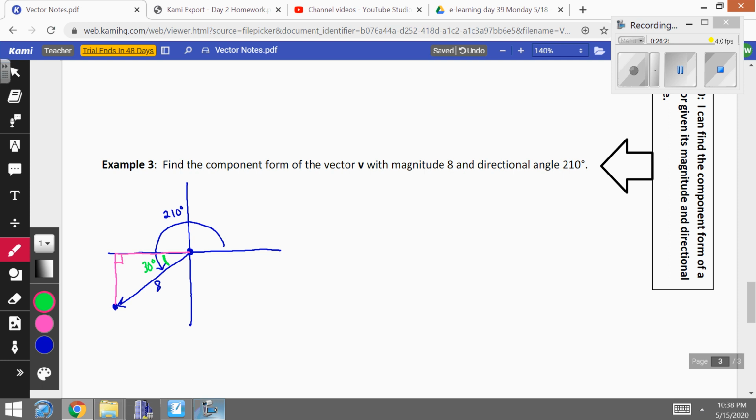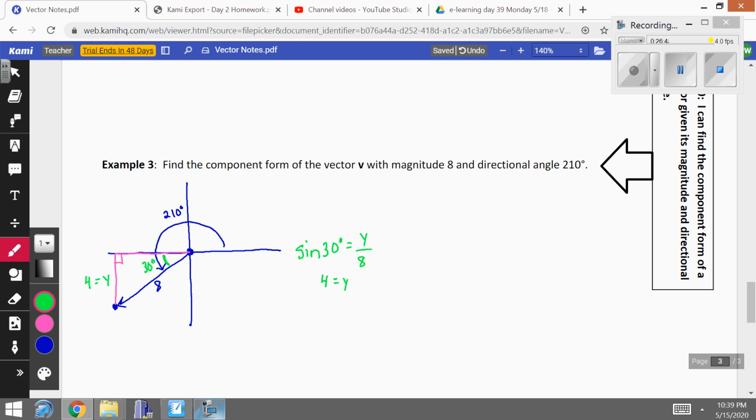If I did trig, let's say we wanted to find the y. The sine of 30 degrees is opposite over the hypotenuse, and we know that the sine of 30 is 1/2. That gives us that our y value is 4.